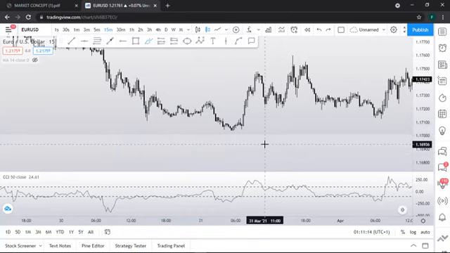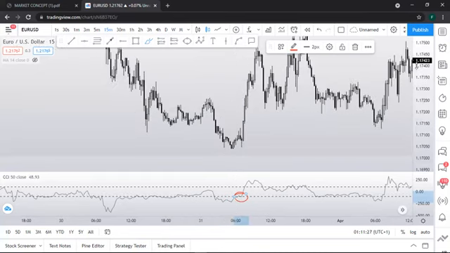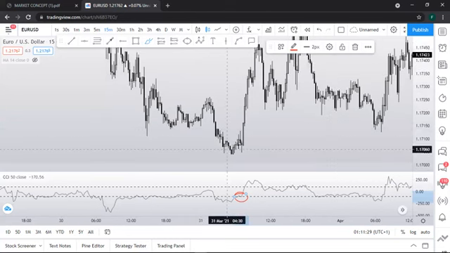Now, on the 15 minutes, it's quite beautiful. Now, this is entry criteria. Don't worry. Like I said, the video will be coming up. And this was a beautiful retest, OB retest.